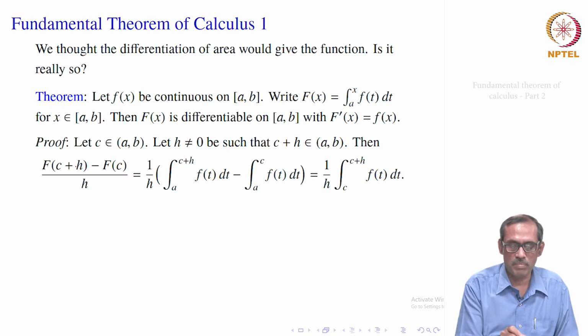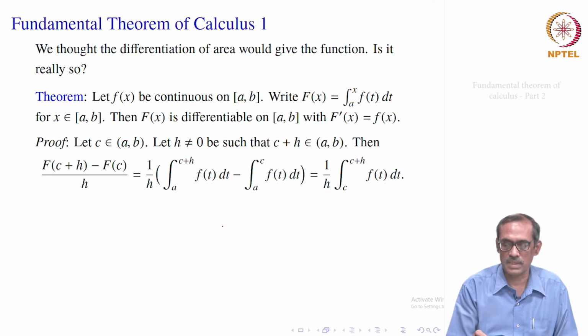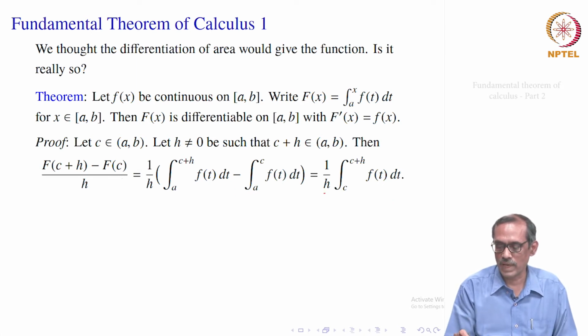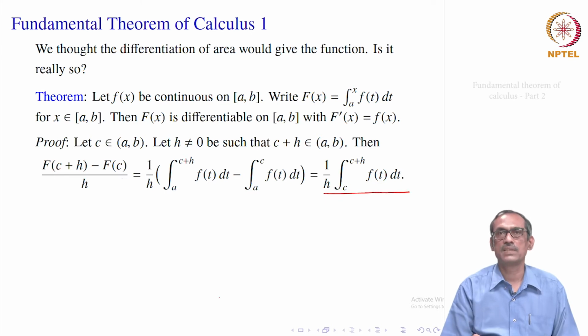Now, F of c plus h equals integral a to c plus h f of t dt, and F of c is integral a to c f of t dt. So, we subtract them and divide by h. Now, due to the property of the integral, it is a to c plus h minus a to c, so you get c to c plus h. So, we write 1 by h integral c to c plus h f of t dt.